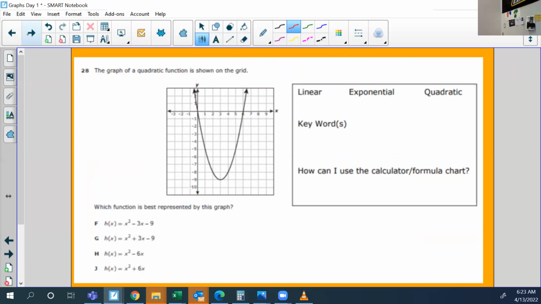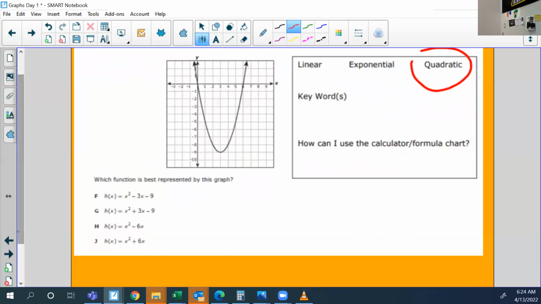What we have here is the quadratic. Again, when we see quadratic, think graph. Keywords: best represented. So how are we going to approach this now?